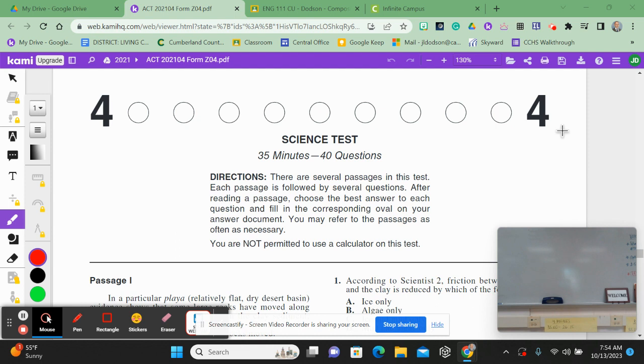Okay? So question 1, according to scientist 2, friction between the rocks and clay is reduced by which of the following? Mud and algae. I saw most of you had gotten that one right, so good. Question 2, winds speeds greater than 80 miles an hour to move the rocks. This observation is consistent with which of the scientists' explanations? 2 and 3.